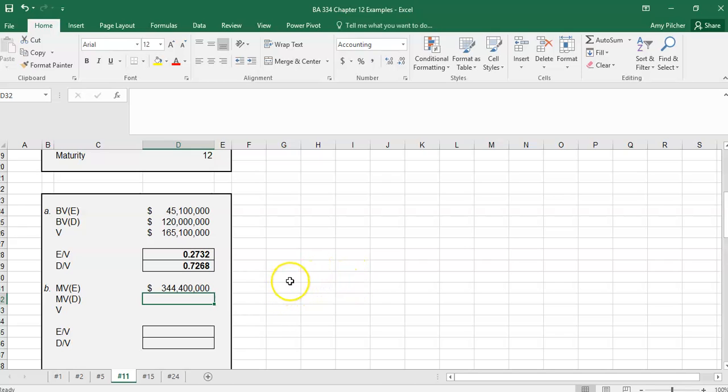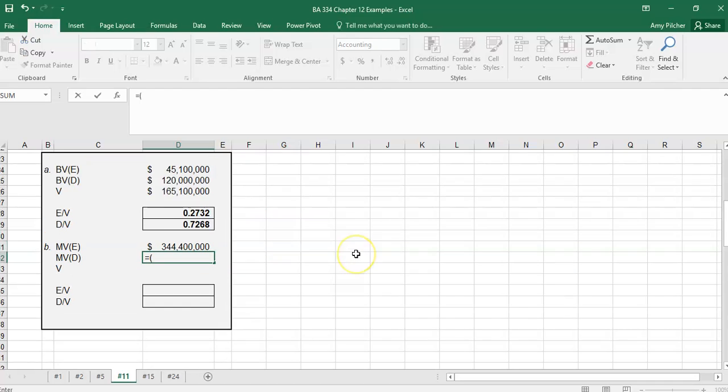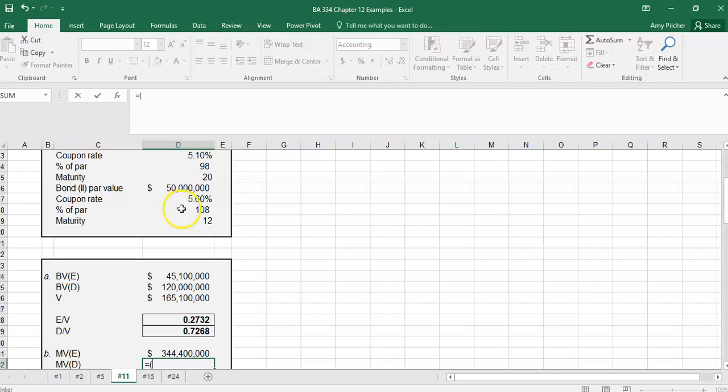344,400,000. The market value of our debt, we need to look at the par value of our bond. So we are going to need to add our two values together. We're going to start with the percent of par for bond 1. You can see that we are trading this bond at a discount currently.